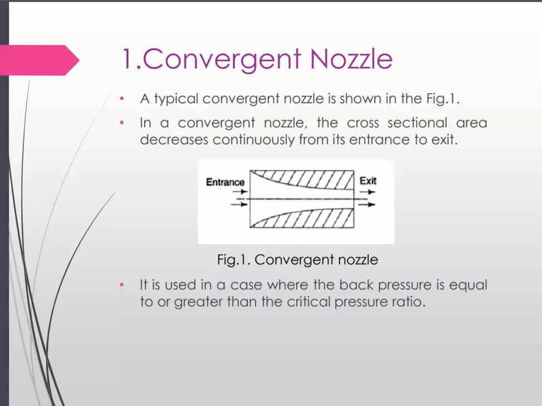In a typical convergent nozzle, the cross-section area decreases continuously from its entrance to exit. It is used in a case where the back pressure is equal to or greater than the critical pressure ratio.